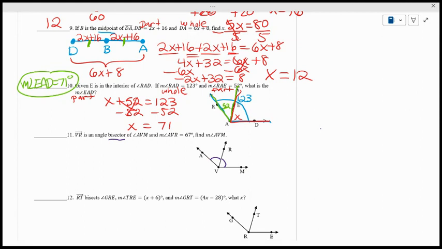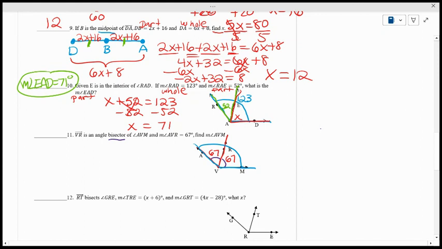And then they tell me a measure of AVR. AVR is 67. Well, since they're congruent, if that's 67, this is 67. And they're asking me to find AVM. So they're asking me to find the whole thing.